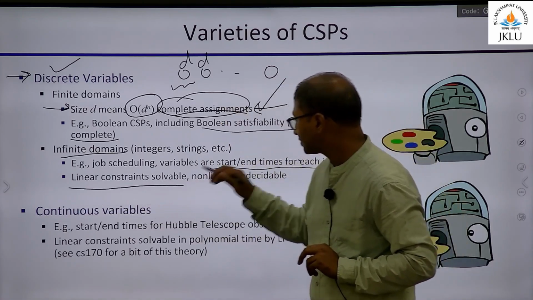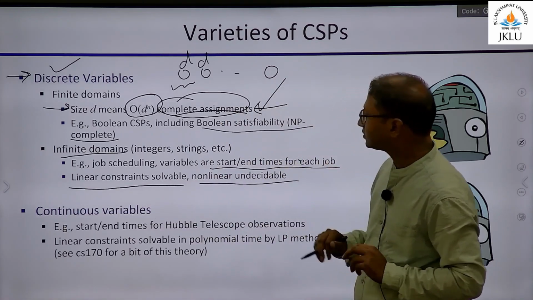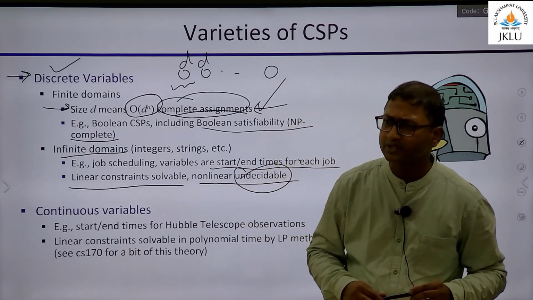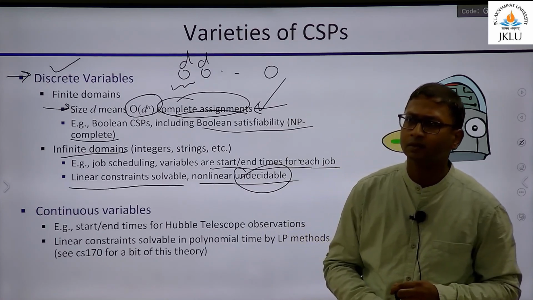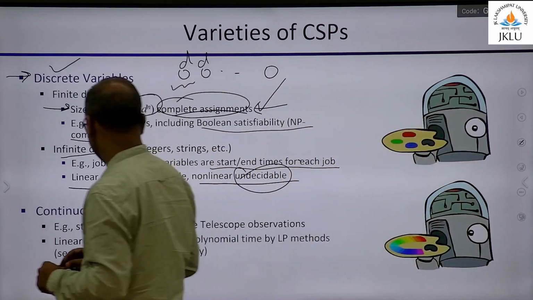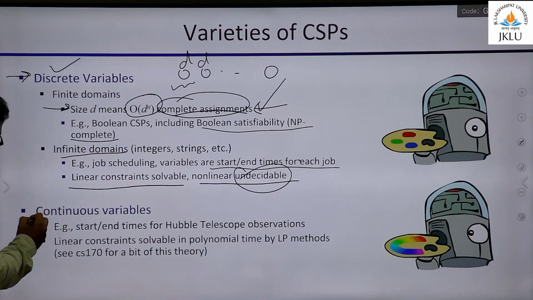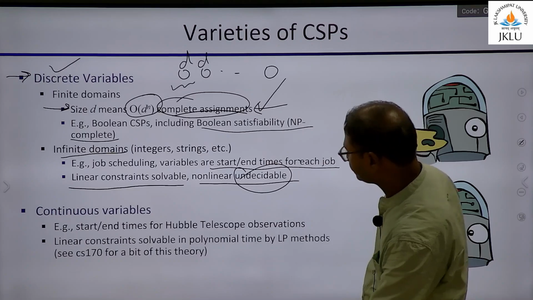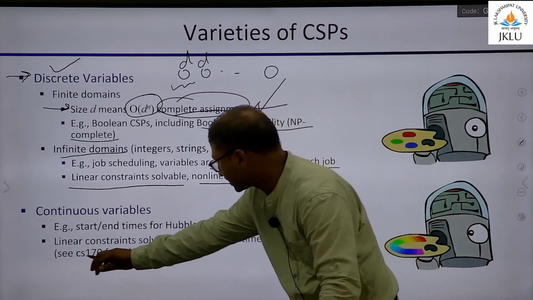Linear constraints, non-linear, undecidable. So heard of undecidable problems? Theory of computation is done? No. Okay. Continuous variables, I don't think we talk about these at all. Okay. So that's what they say.